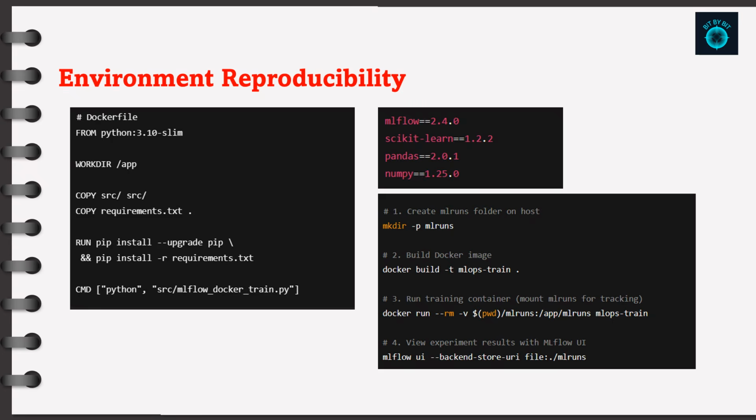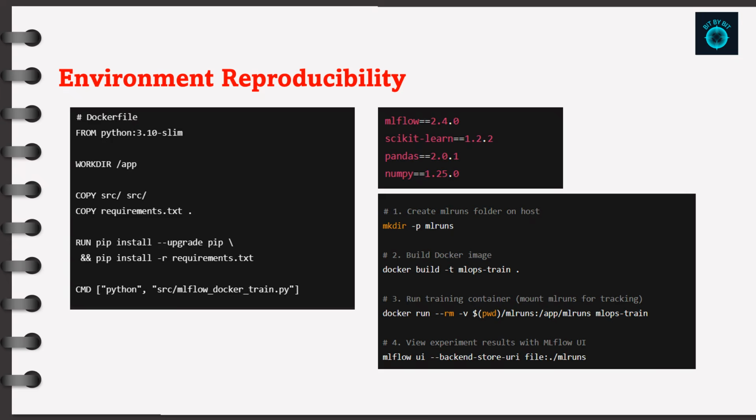After the image builds successfully, run the container with docker run --rm -v $(pwd)/mlruns:/app/mlruns mlops-train.